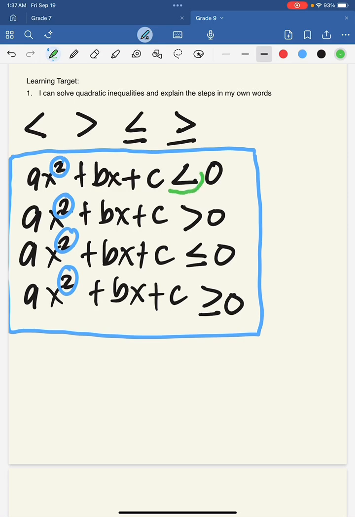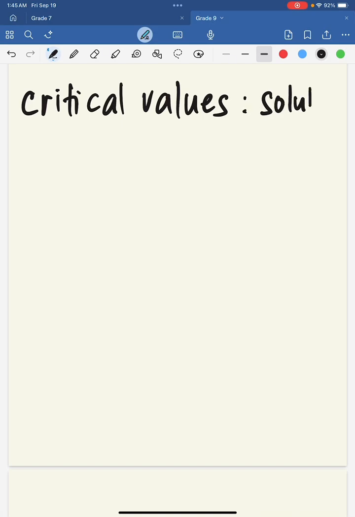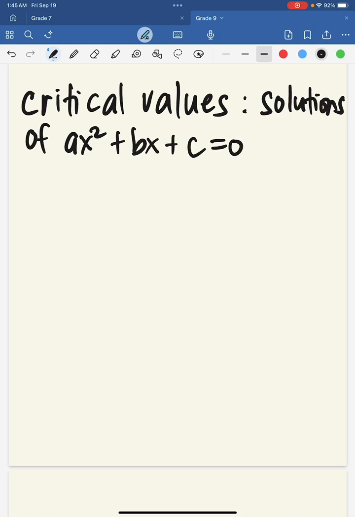Which means these are solutions of a quadratic equation. So we have solutions of ax squared plus bx plus c equals 0.